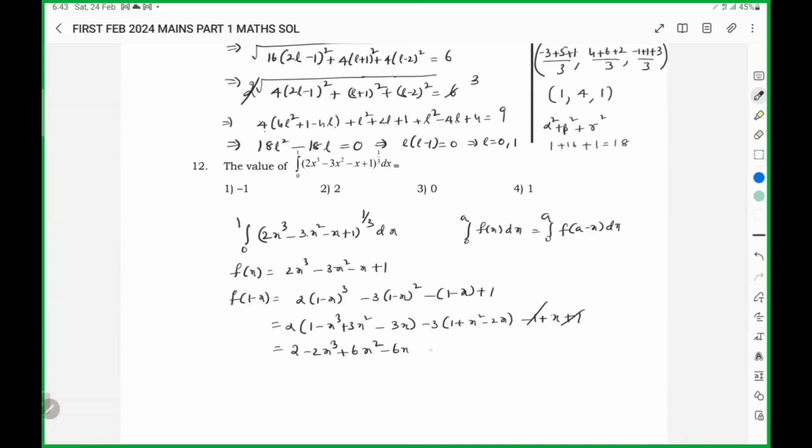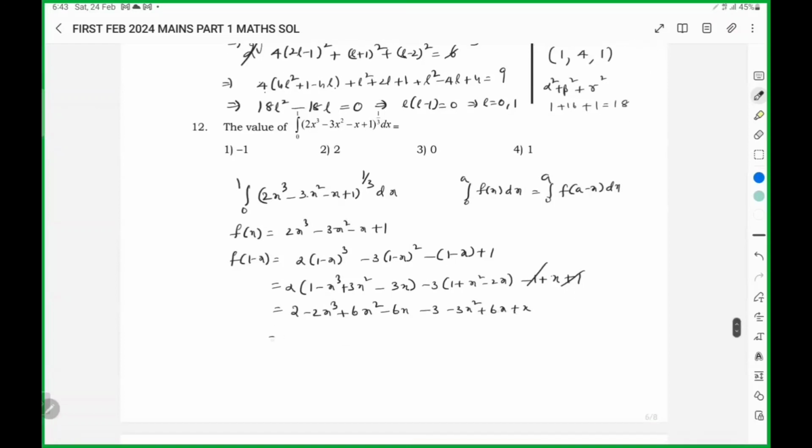Just a direct simplification. Minus 2x cube, 6x square minus 3x square, 6 gets cancelled, plus x minus 1, which is minus of 2x cube minus 3x square minus x plus 1, which we are getting as minus f of x.